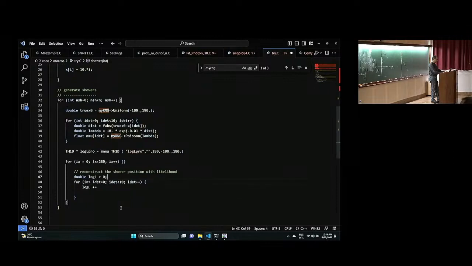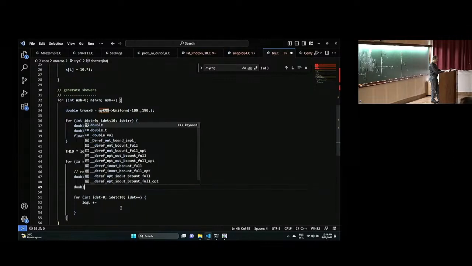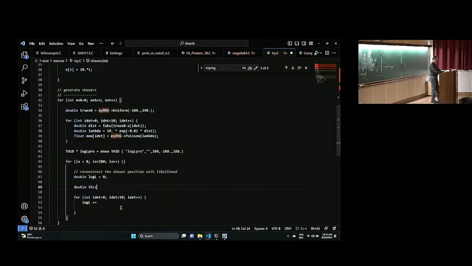So here I will assume a certain value for the x0, so I will do double this x0. And I will say that this is Ix minus 100, so it starts at minus 100 and goes all the way to 280. But let's add a half so that it is at the center of the bin.